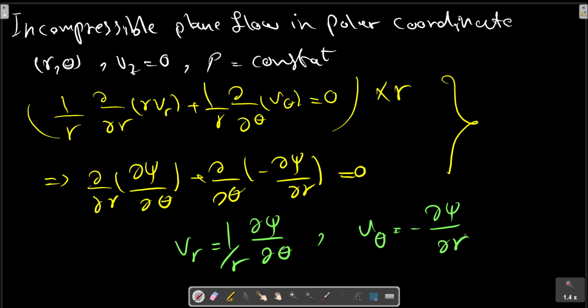Once again, lines of constant psi are streamlines, and the change in psi is the volume flow.